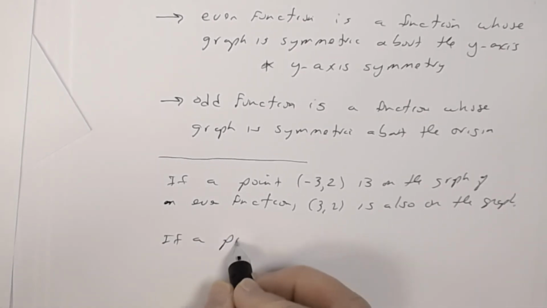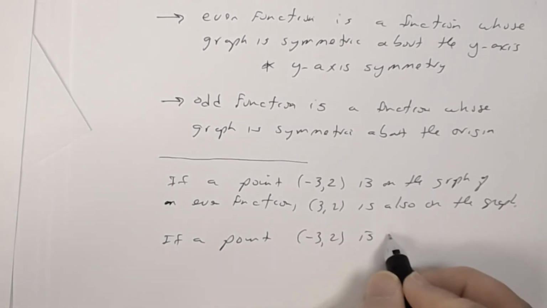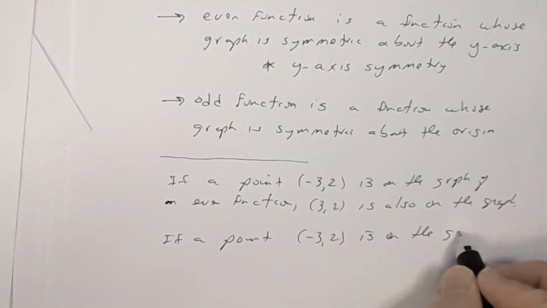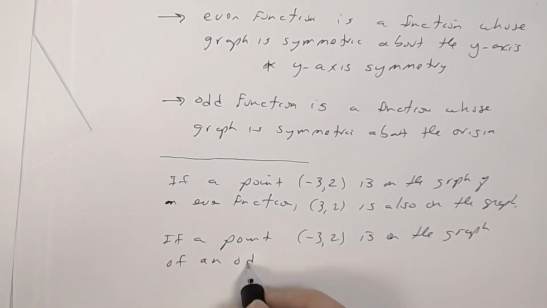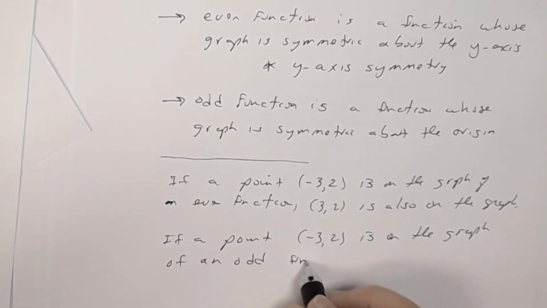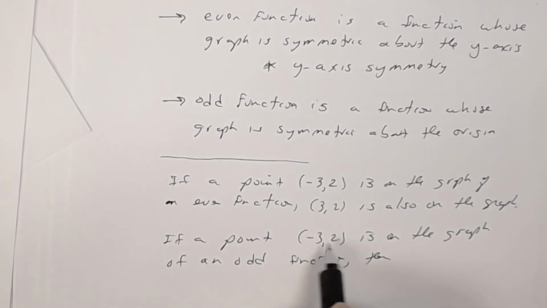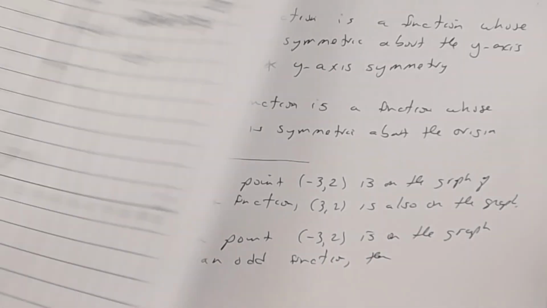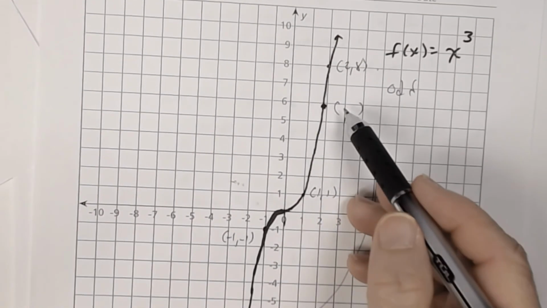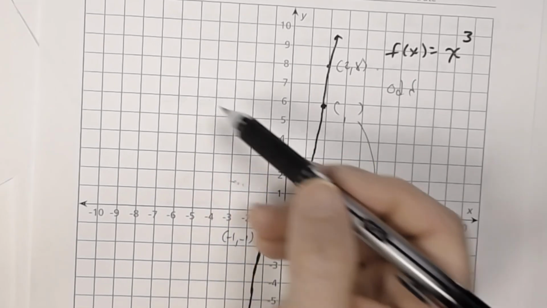If a point -3, 2 is on the graph of an odd function, then what other point better be on it? Remember, that's where we take the opposite. So you're going through the origin. Okay, we're going through the origin. So any point in the first quadrant goes in the third quadrant.